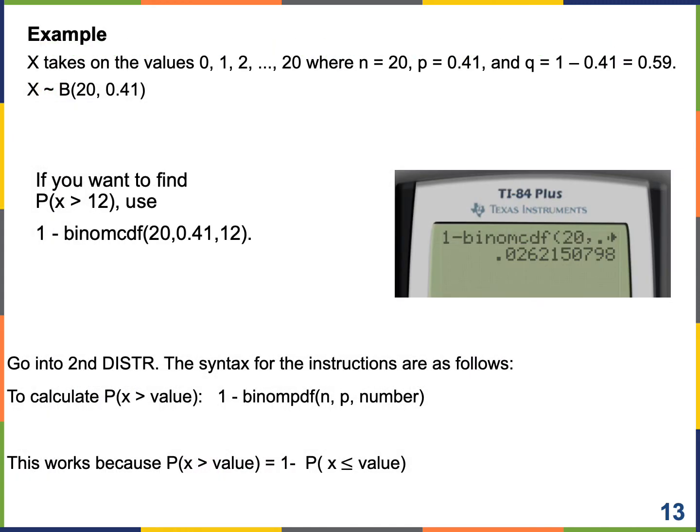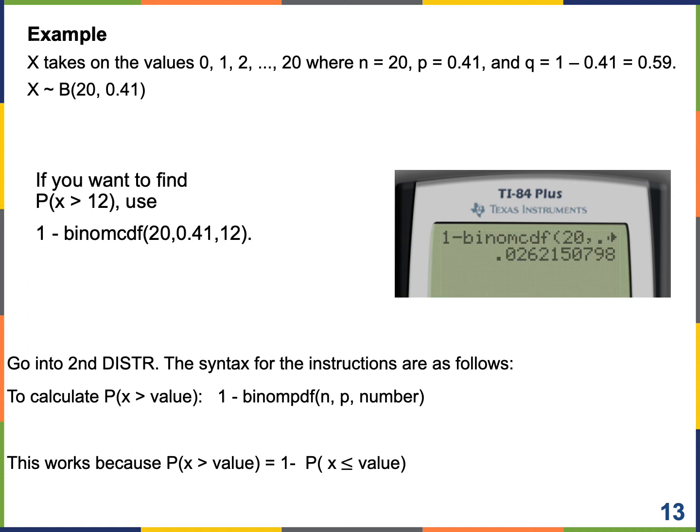Okay, so that was basically the case when you want to find the exact value of the probability of x equals some value. So then the final case would be, what if we want to find the probability that x is strictly greater than something? Let's suppose we have the same situation. We have n is equal to 20, p is equal to 0.41, and q is equal to 1 minus 0.41.